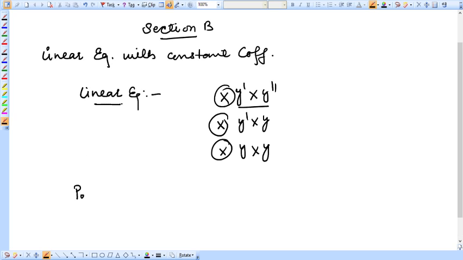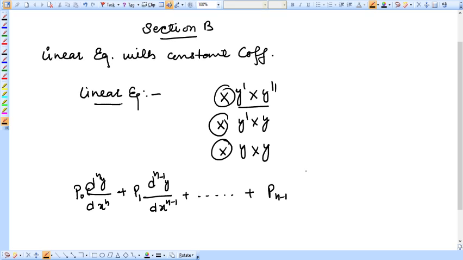See here, I'm going to give you an example. Here we have p naught, which is a function of x, times the nth derivative of y with respect to x, plus p1 times the (n minus 1)th derivative of y with respect to x, plus so on, up to p n minus 1 times dy/dx, plus p n times y. Here all the p's are functions of x.